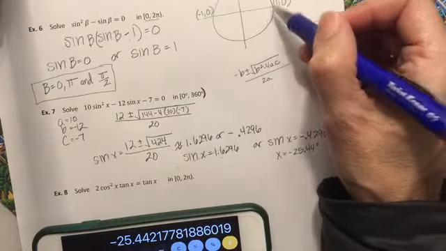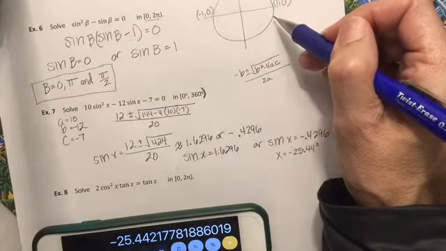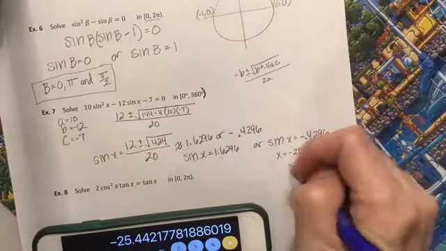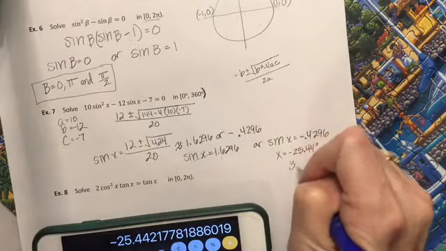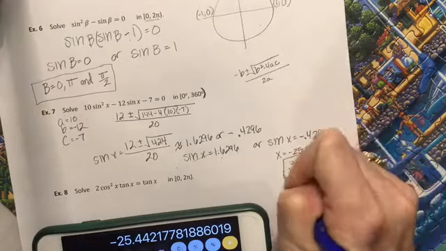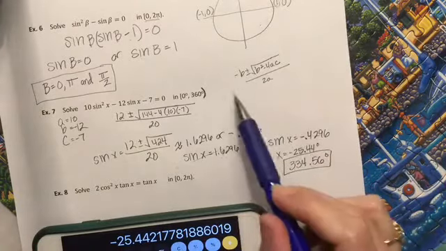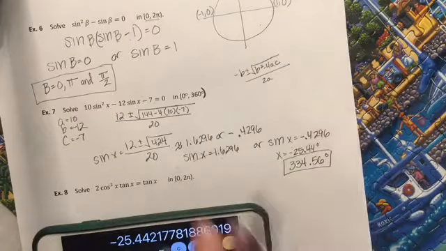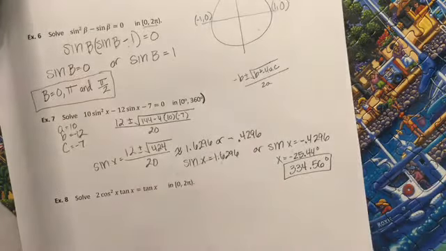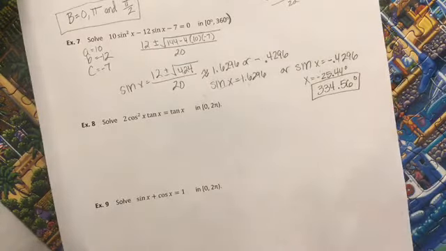To find that within 0 to 360, you're just going to have to take 360 and subtract 25.44. So the real answer is going to be 334.56. Okay, these are the same angle, but this one is within the interval that we were supposed to stay within. Those are the boundaries.